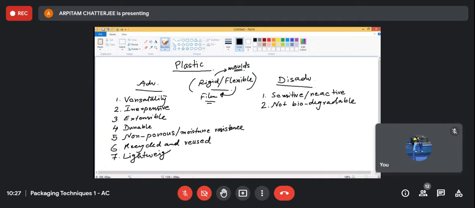It is not very heavy in general. So that is why your product weight is not going to increase much if you are using plastic as your packaging material.